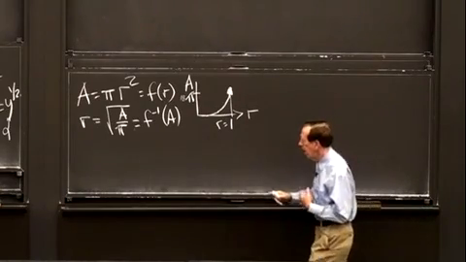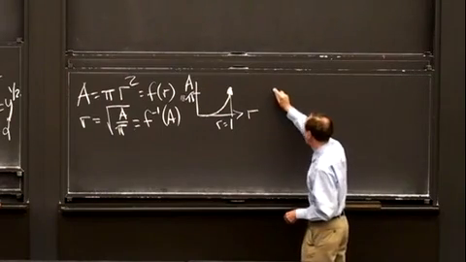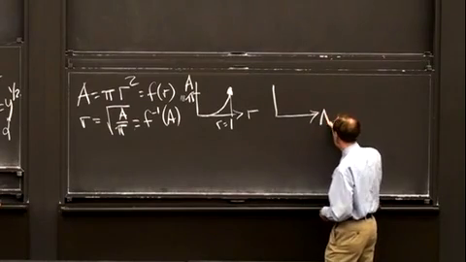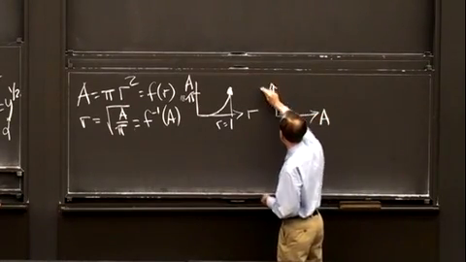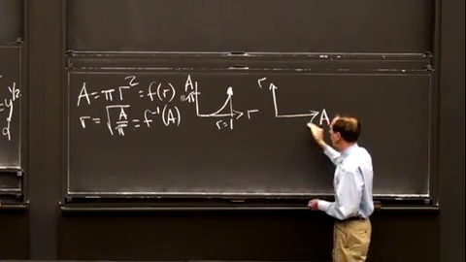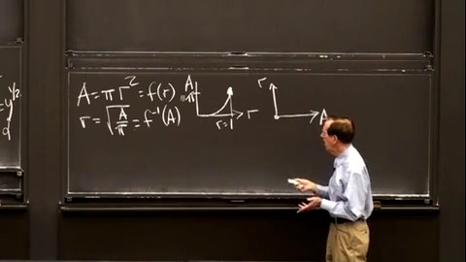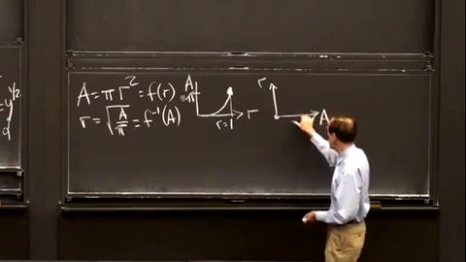The new graph is the graph of the inverse function. This time, the input is now a, and the output is r. If the area is 0, the radius is 0. If the area is pi, I'm just going to take this point and it's going to go here.